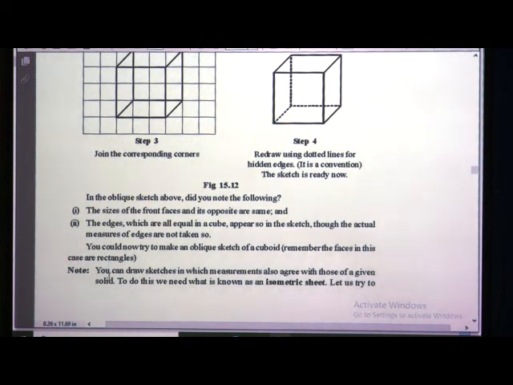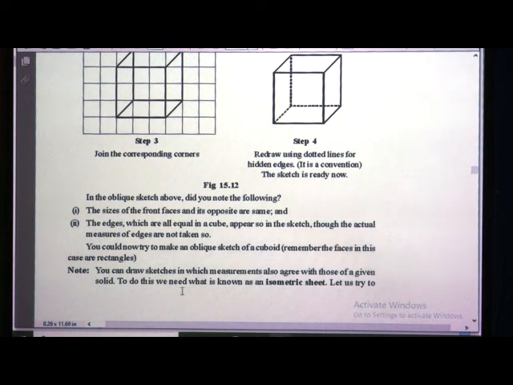So, to prepare a rectangle on this small square box paper, you have to prepare the rectangle first.